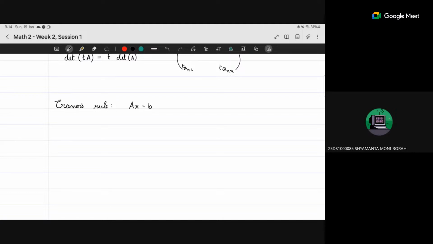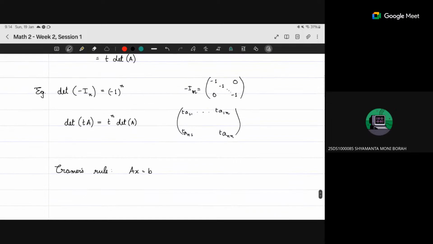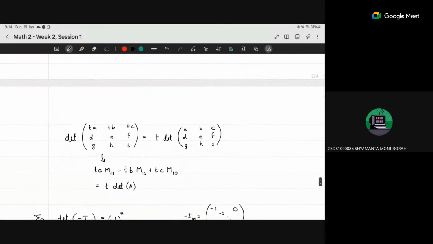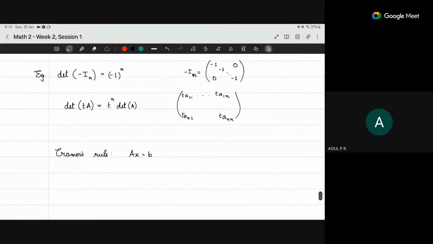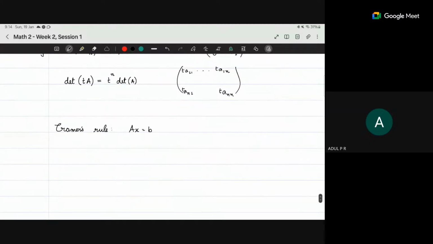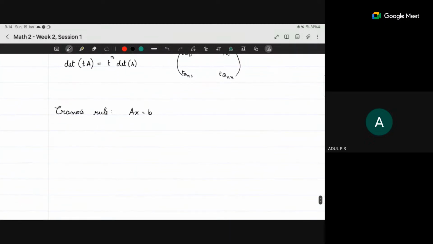But for the specific case that m is equal to n, that is, if you have a square matrix as the coefficient matrix and the determinant is not equal to 0, that is a special case as we have seen. Determinant not equal to 0 ensures the existence of an inverse, so it is invertible.